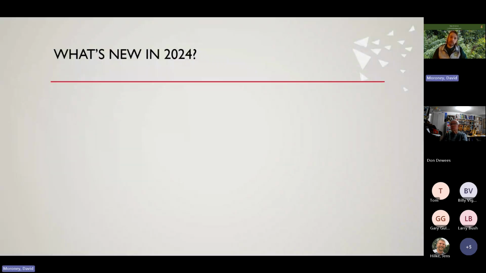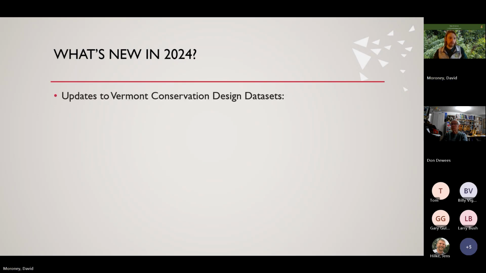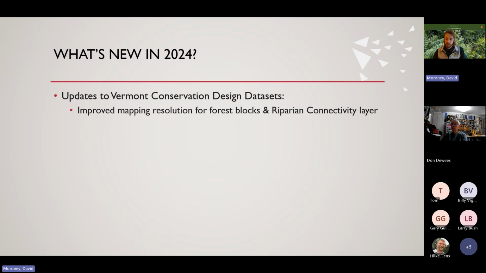All right, so before we take a break and move on to using BioFinder, let's take a moment to highlight the new updates for both Vermont Conservation Design and BioFinder. The first thing that we can say that's probably the most important change is that there's been a huge increase in the mapping resolution that was used for the forest blocks in the riparian connectivity layers.